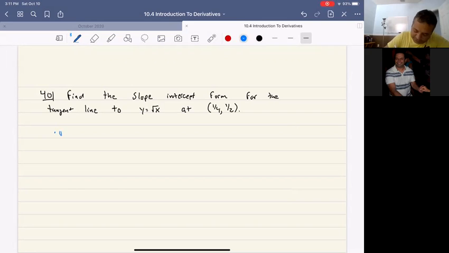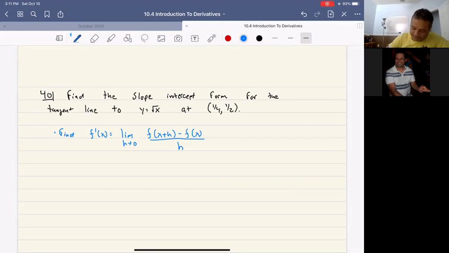So first step, find f prime of x equals the limit as h goes to 0 of f of x plus h minus f of x, divided by h. Now, this one's going to be a little bit trickier because of the square root, but we know how to handle this, okay?